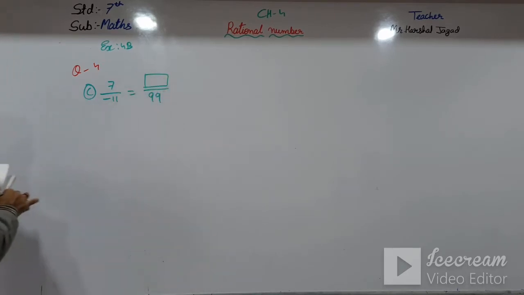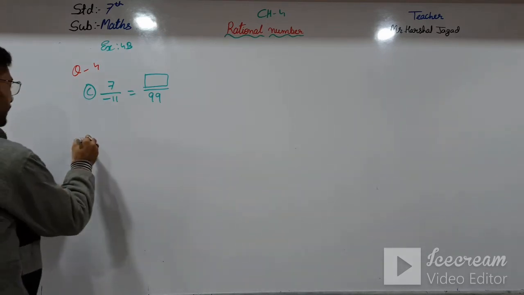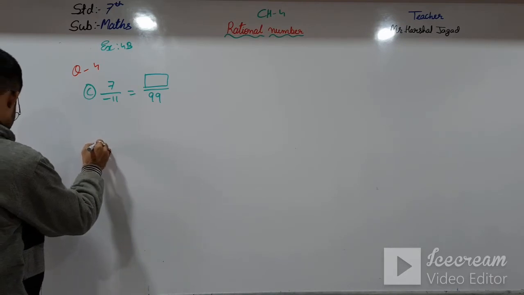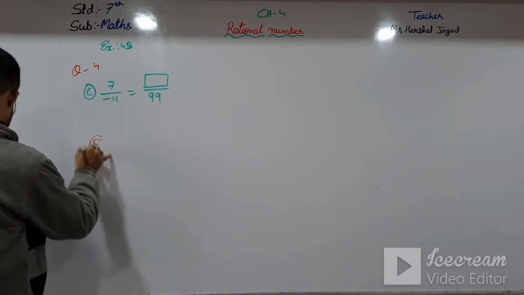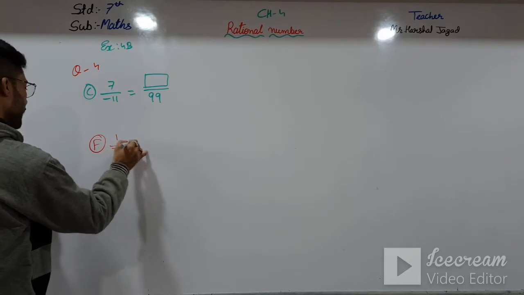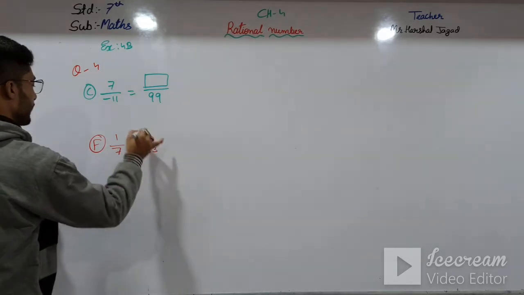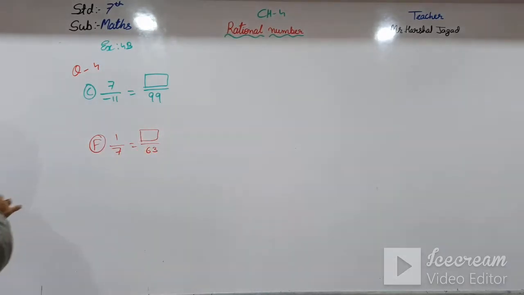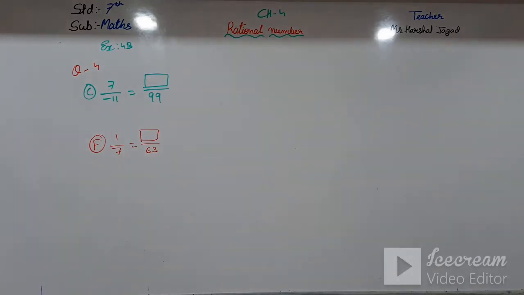I think some of the students have done it, but some haven't. So C, and the other one would be F, that is 1 by 7 is equal to dash by 63. Okay, so let us do these two from question number 4.